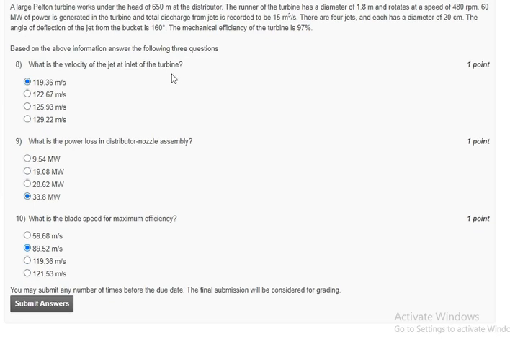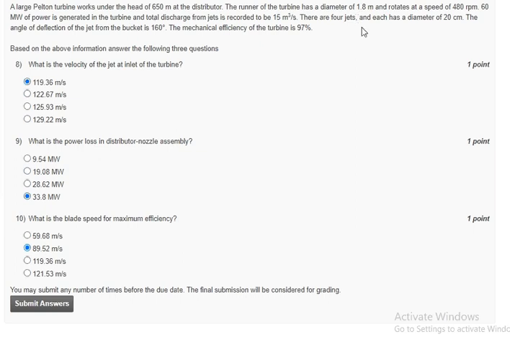Next is the numerical question. So these 8, 9, 10 questions are related to this question. A large Pelton turbine works under the head of 650 meter at the distributor. The runner diameter is 1.8 meter. Speed is 480 rpm and power is 60 megawatt and total discharge from the jet is 15 meter cube per second.